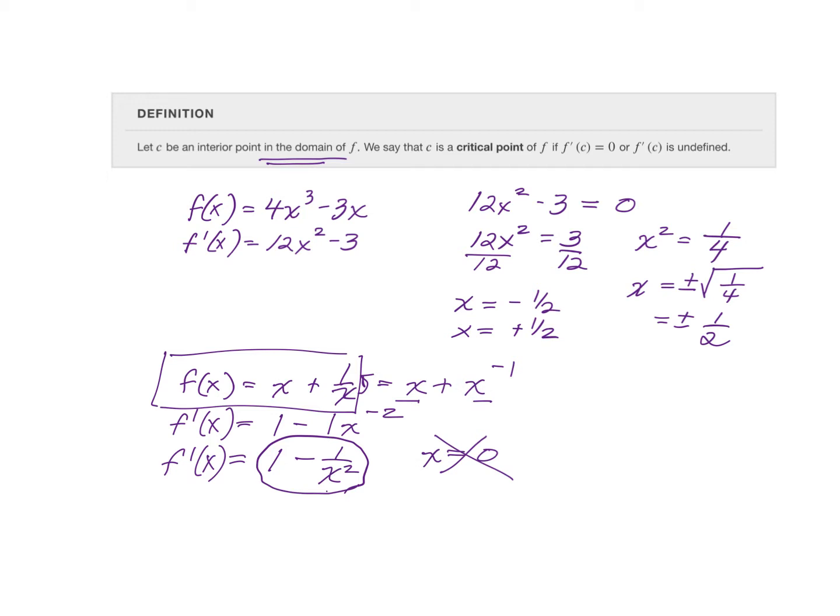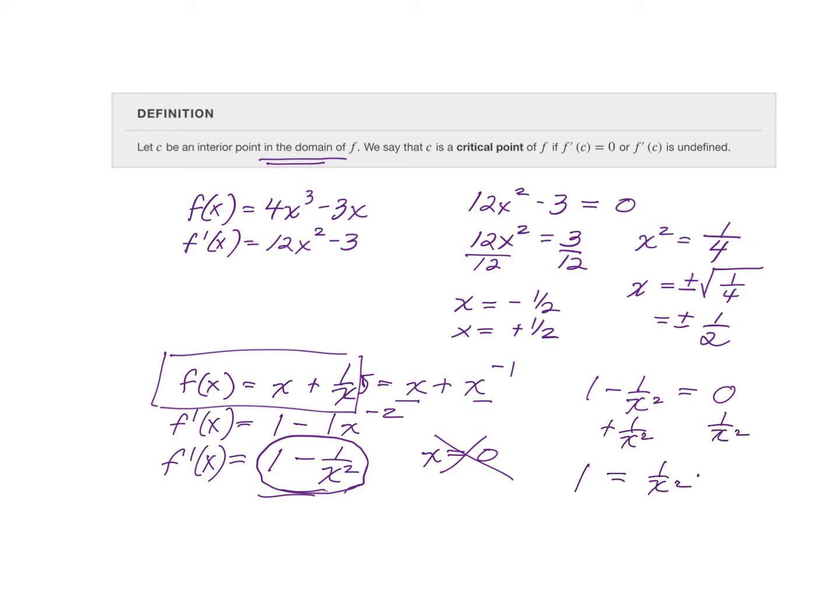The last thing we need to do is set f prime of x equal to 0. The only other place that we'd have a critical point is where the derivative equals 0. So I'm going to set this equal to 0 and solve for x. I'm going to add 1 over x squared to both sides, so I get 1 equals 1 over x squared.